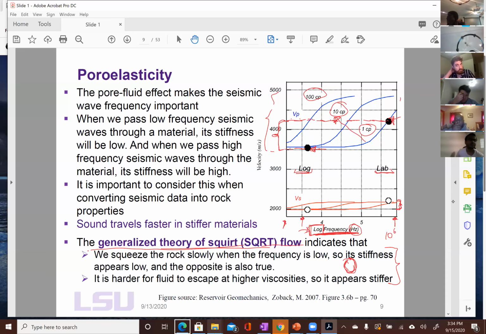At higher frequency, the material appears stiffer because the fluid is not able to dissipate the stress applied within a short time when you send in high frequency data. But if you send in low frequency, it gets dissipated and the measured value is much lower. And it's important to note that when looking at data from logs, data from lab, and from what other source? From seismic. Those are even much lower. The frequencies are on the order of 5 hertz to about 50 hertz for seismic data.